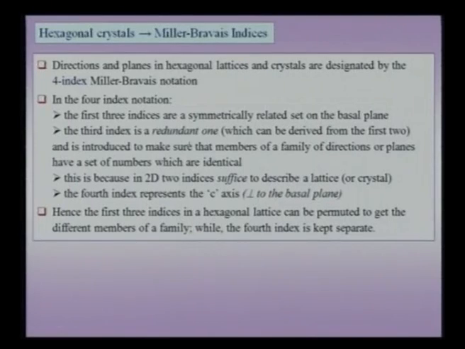What is the reason that we include such a redundant index? This is introduced to make sure that the members of a family of directions or planes have a set of numbers which are identical. I will explain this concept by taking examples, but in other words, I should be able to permute the 3 indices and get all the symmetrically related sets of directions or planes, like we did for the cubic lattice.